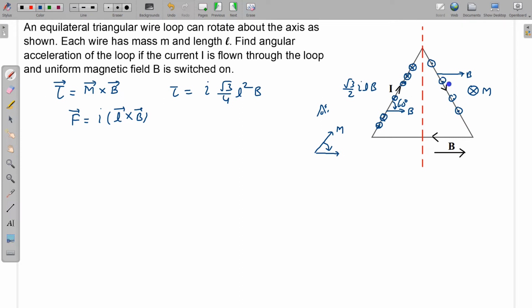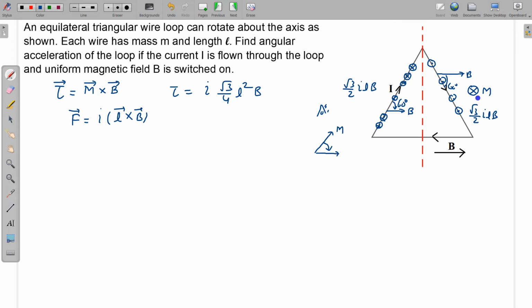This angle is again 60 degrees, so this force is again √3 by 2 ILB.